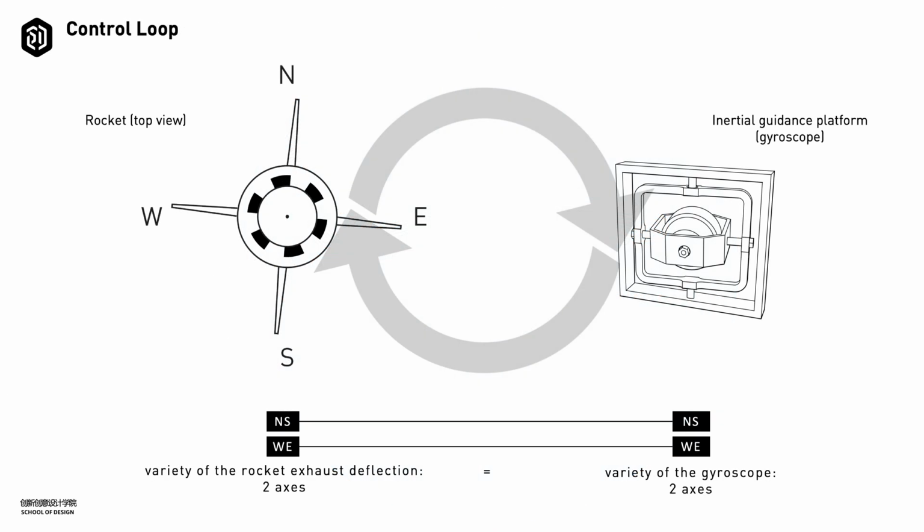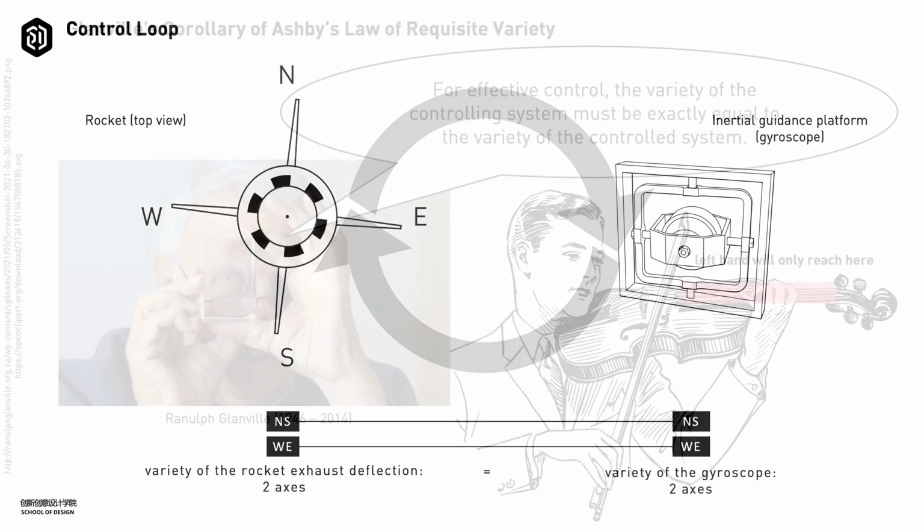Same with our rocket guidance. The rocket can deflect from its intended trajectory around two axes. Let's say we have got a north-south and a west-east axis, and in the gyroscope we also measure deflection around two axes. So this is an example of continuous variety, violin rather than piano, but the variety of the controller matches the variety of the controlled.